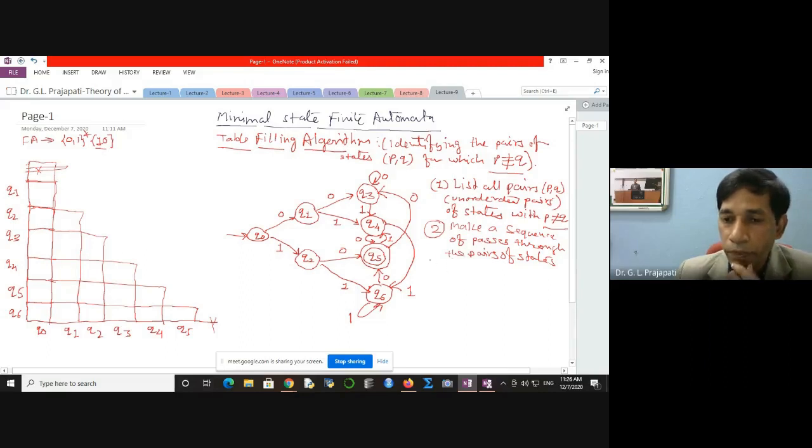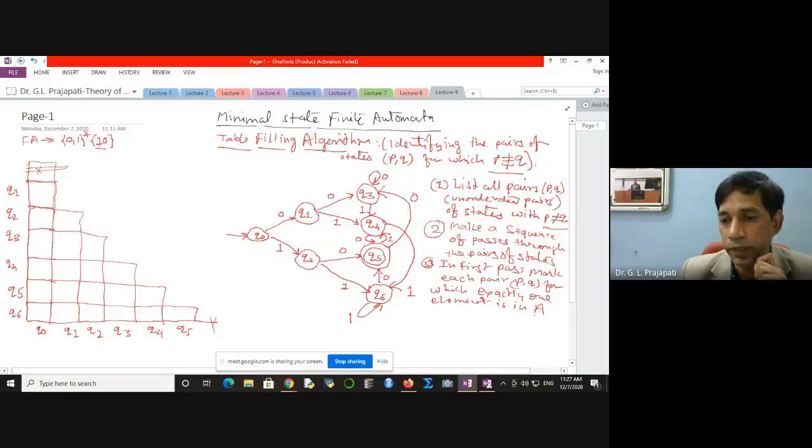So what we need in the first pass is to mark each pair pq for which exactly one element is in A. And what is A?